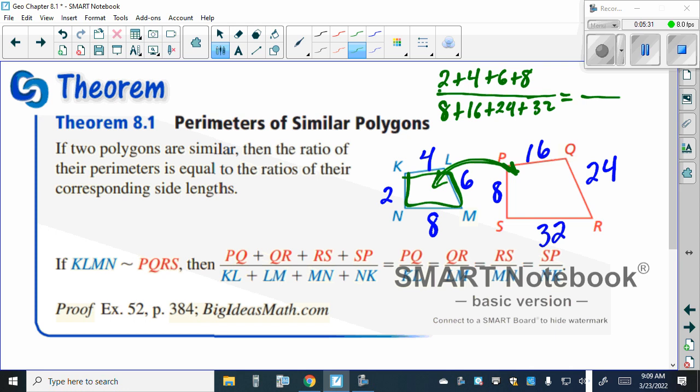Well, 2 and 8 is 10, 4 and 6 is 10, and 10 and 10 give us 20. 8 and 32 is 40. 16 and 24 is 40, and 40 and 40 is 80. So the scale factor for our sides and the scale factor for our perimeters are actually the same, which is kind of nice.